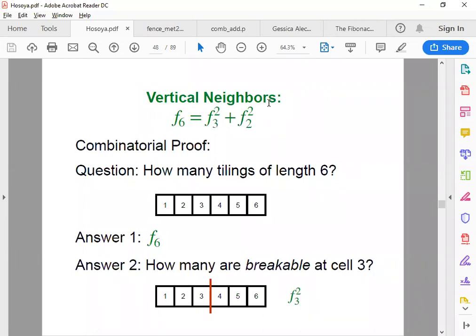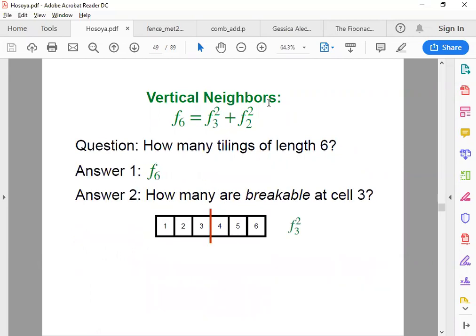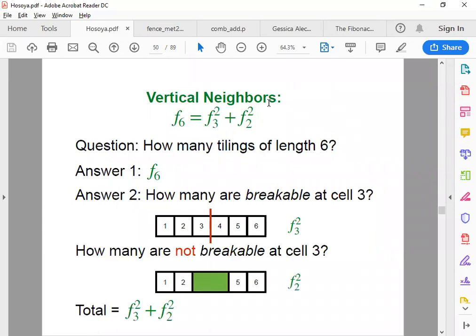How many tilings are there of length 6? By definition, F6. How many of them are breakable at cell 3? Well, I have F3 ways to tile the left side, F3 ways to tile the right side. So there's F3 squared such tilings.